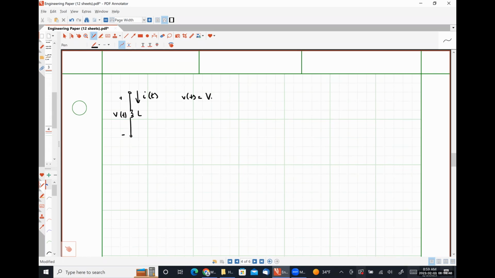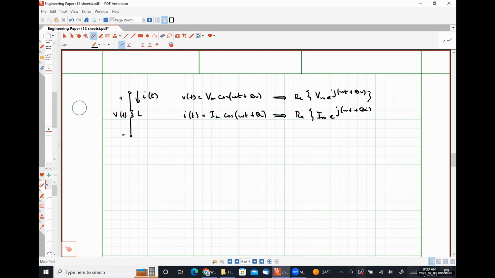V of t will be the same thing that we had before, Vm cosine omega t plus theta V, which looks like the real part of Vm e to the j omega t plus theta V. I of t will be a sinusoidally varying current, so Im cosine omega t plus theta I, which is the real part of Im e to the j omega t plus theta I.